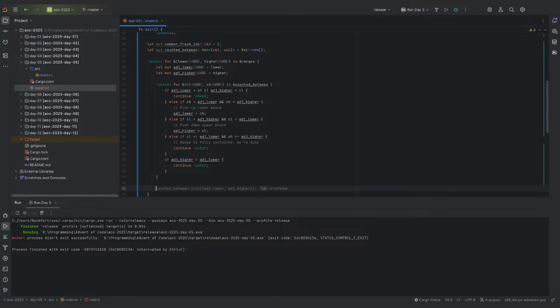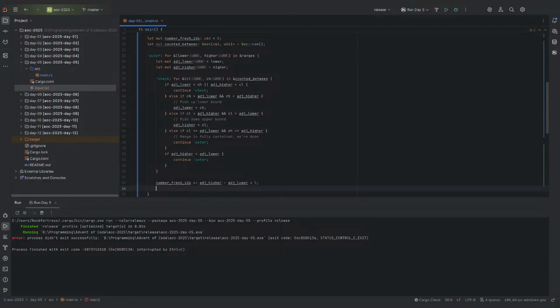After this, fresh plus equals higher minus lower, plus 1 for that.